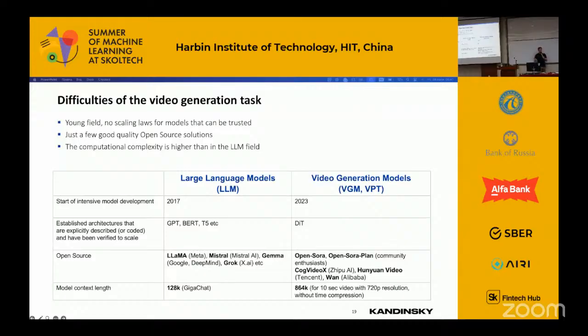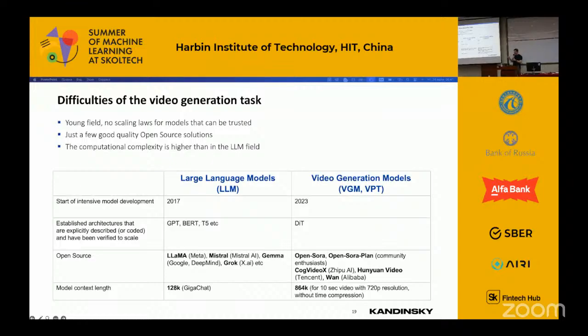Multiply by 3 because of red, green, blue, and you see that a 10-second full HD video is more than 1 billion integers. So it's a really huge context.